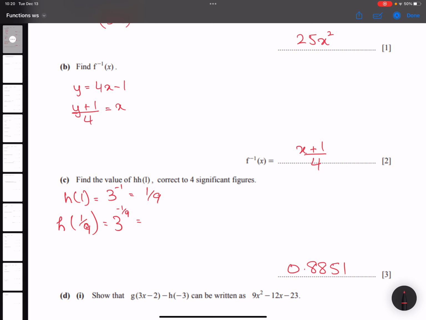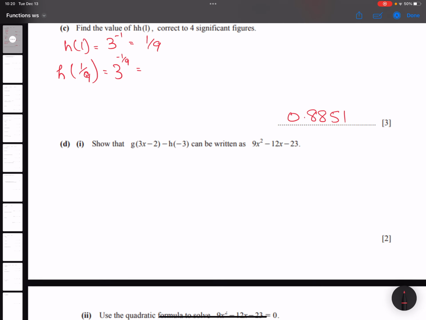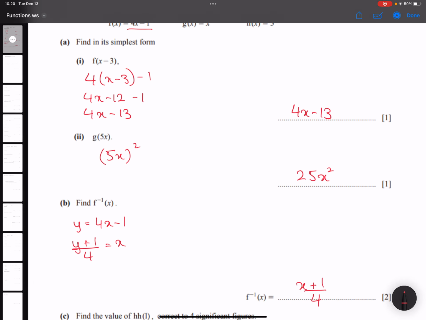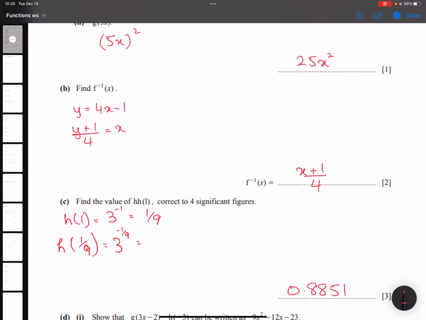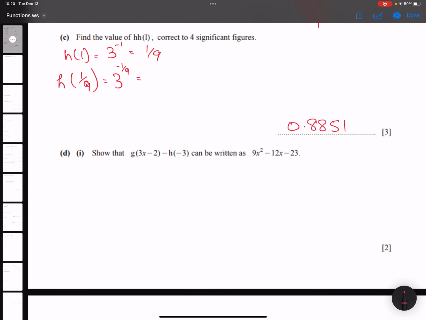Then show that g of 3x minus 2 minus h of negative 3 can be written as this. So g of 3x minus 2, g is x squared, so I'm going to write it as (3x minus 2) squared minus h of negative 3, which is going to be 3 to the power of minus negative 3.